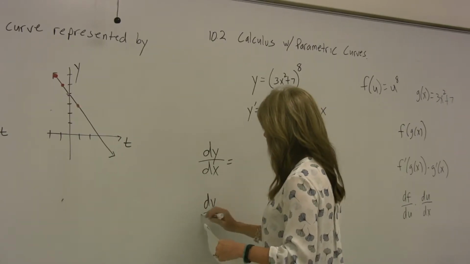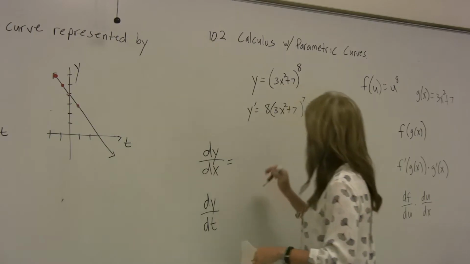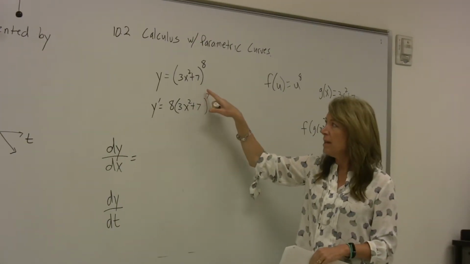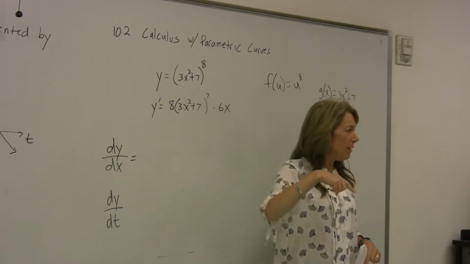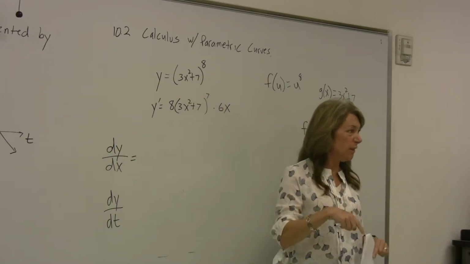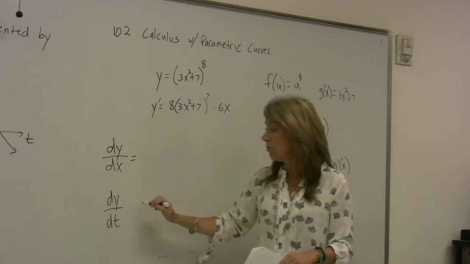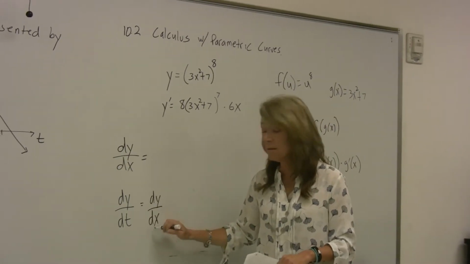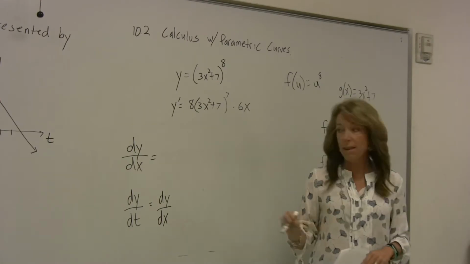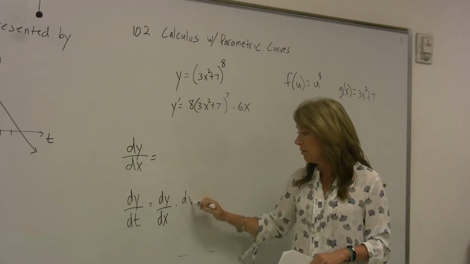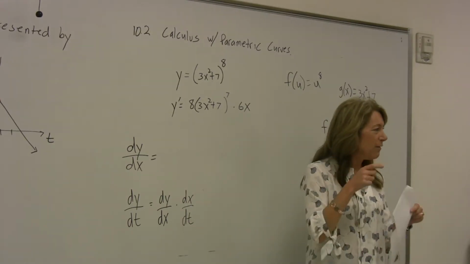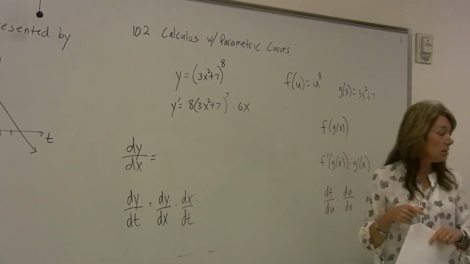If I wanted dy dt, it'd be similar to a chain rule. Dy dt would be the derivative of the outside function times the derivative of the inside function. So we would take the derivative of y with respect to x, and then the derivative of x with respect to t, because the inside function would have t's in it.